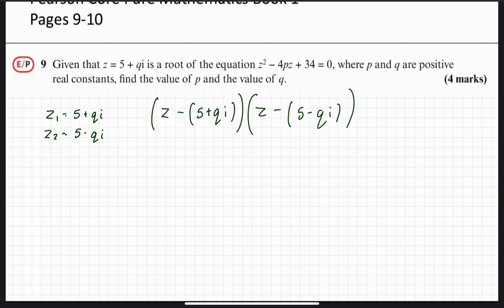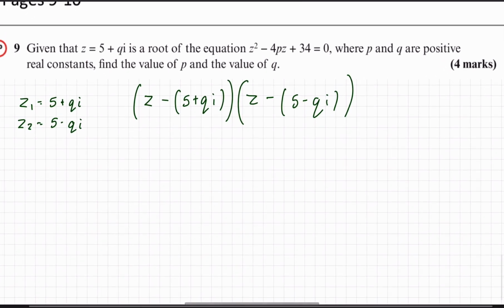Okay. So when we come to multiply it out, we're going to get z squared minus our two roots added together plus our 2 roots multiplied.